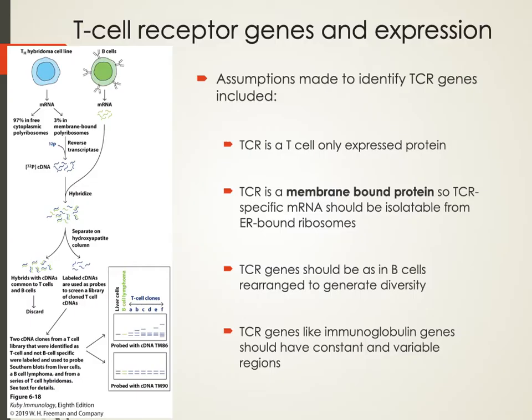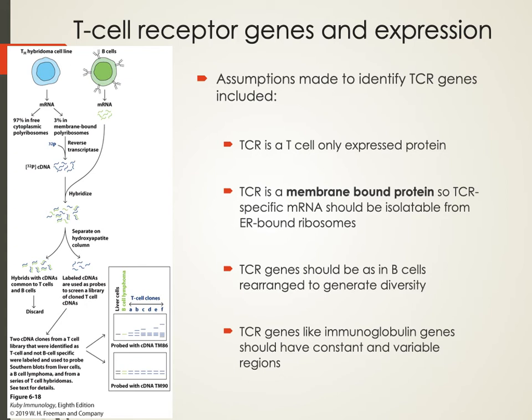Okay, so we're going to switch gears and look at the T cell receptor and its genes and expression. Just some assumptions that we can make when looking at T cell receptor genes. T cell receptors are only going to be expressed in T cells. T cell receptors are membrane-bound proteins, so we don't see them secreted like we do with the B cell receptor.